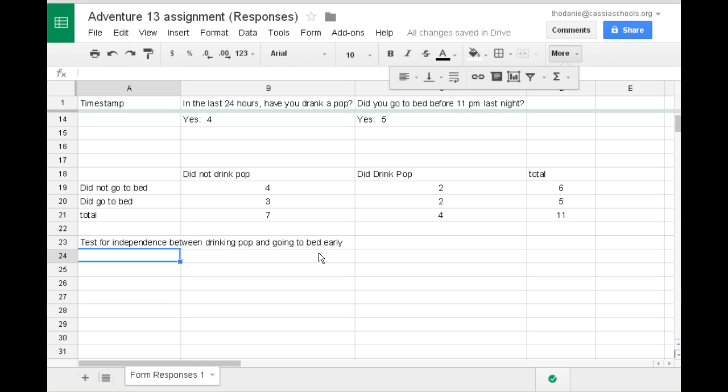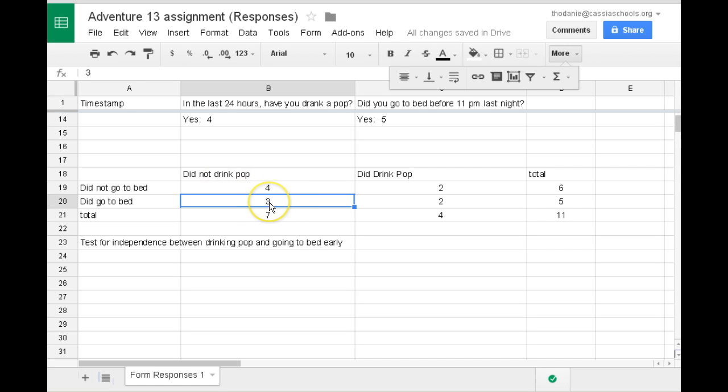You remember that what we did was we would compare the probability of drinking pop, and maybe I'm going to say did not drink pop and did go to bed. Okay, I'm going to compare this probability.